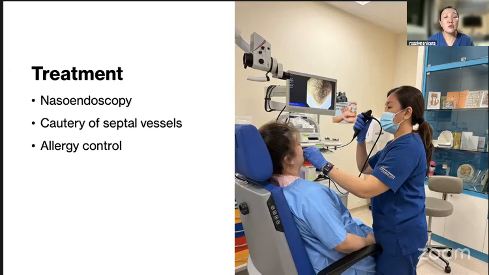This is to look for any masses in the nose that can cause bleeding. A cautery of septal vessels is an option if the child has daily or weekly epistaxis, and if it disrupts the child's daily activities. And lastly, it is important to control your allergy or sensitive nose in order to control or minimize epistaxis.